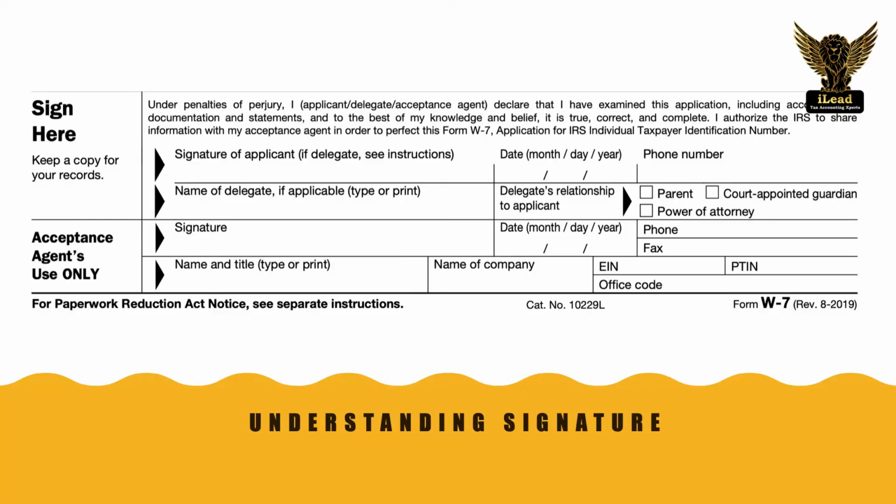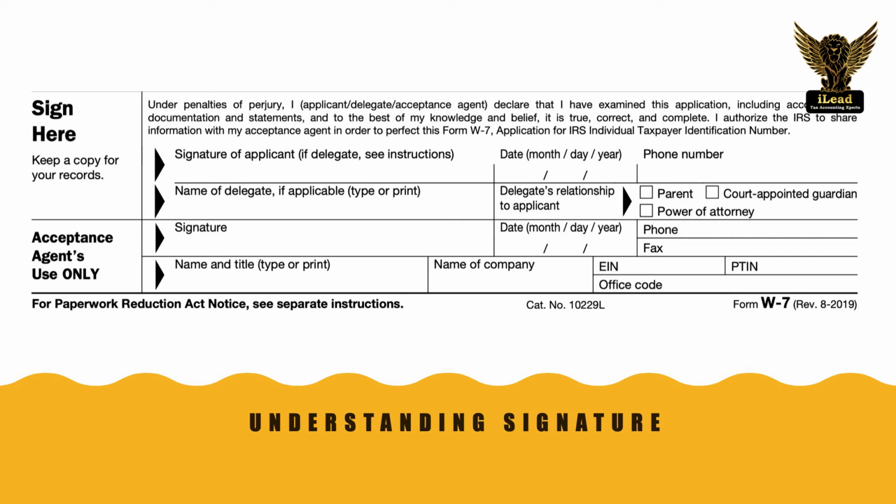But in case this is the ITIN application for your child, then you got to sign it in signature of applicant and write your name and name of the delegate, and put the delegate's relationship to applicant. So you can check parent, enter the date above and then the phone number.